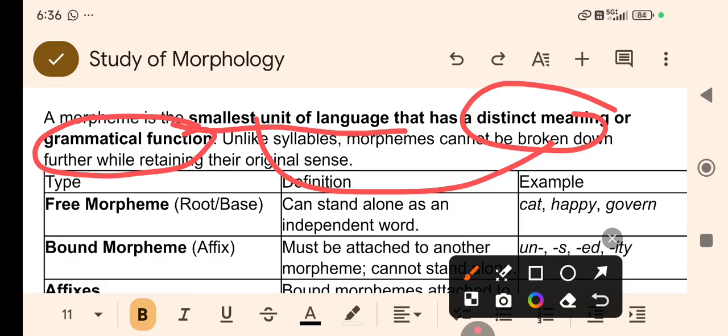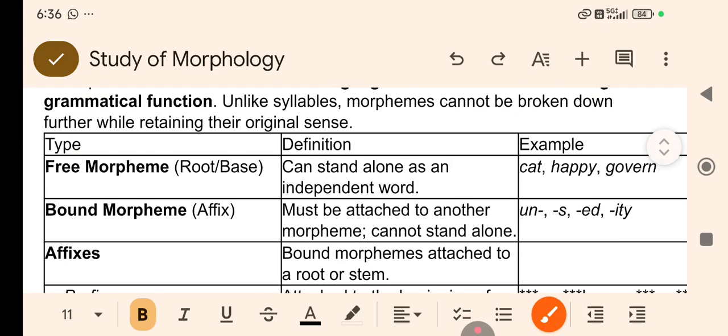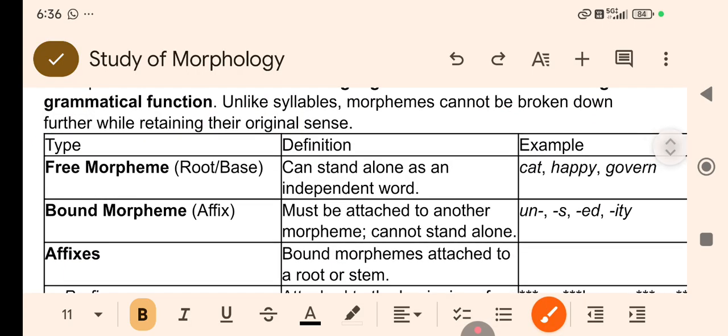That is called a morpheme. Unlike syllables, morphemes cannot be broken down further while retaining their original sense.